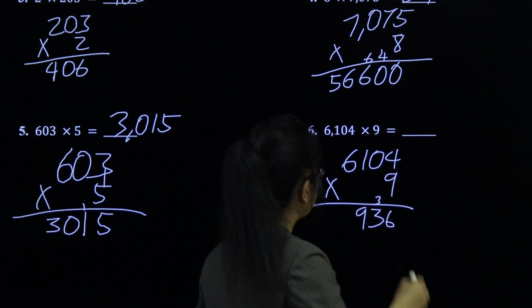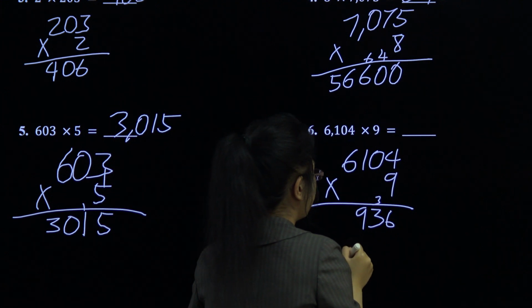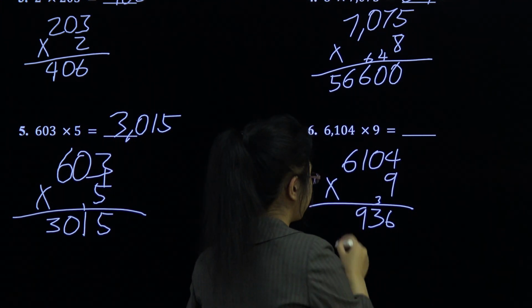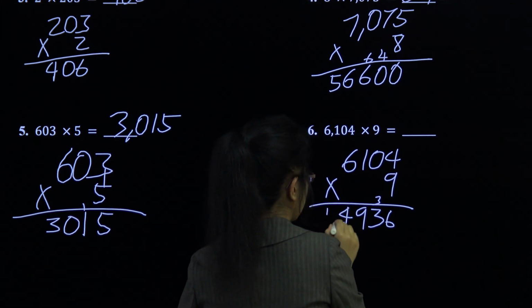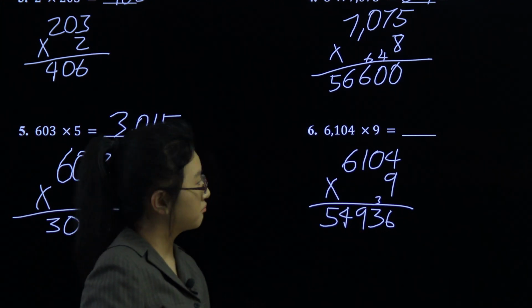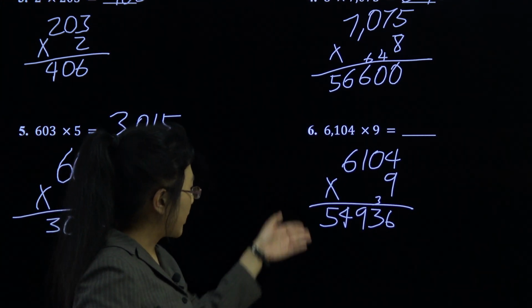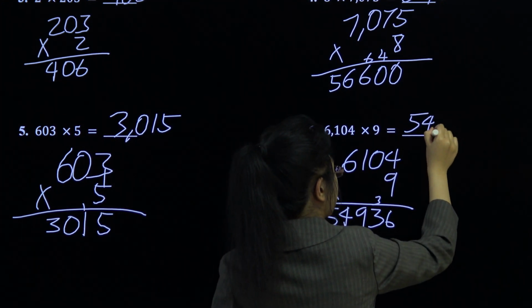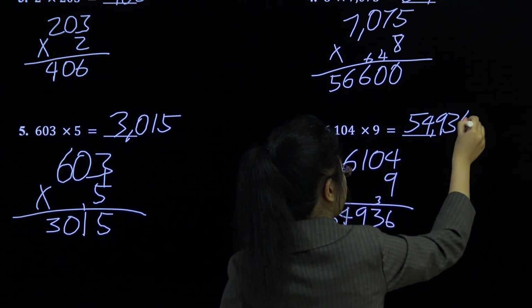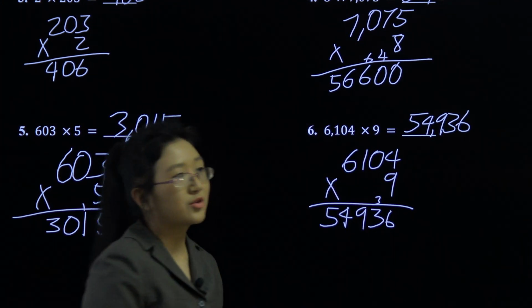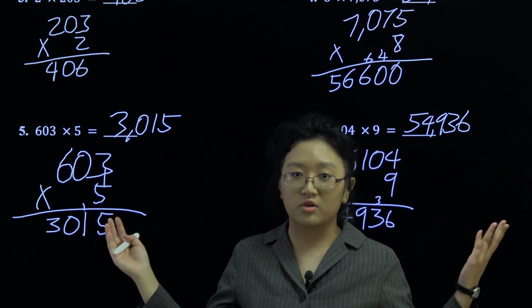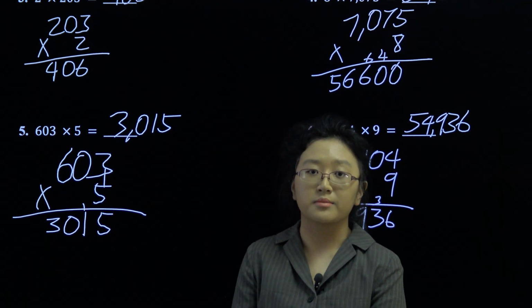Nothing to regroup either. 9 times 6, well, 9 times 6 is 54. And there's nothing in the 10,000s place, so we just drag the 5 down. We get 54,936.